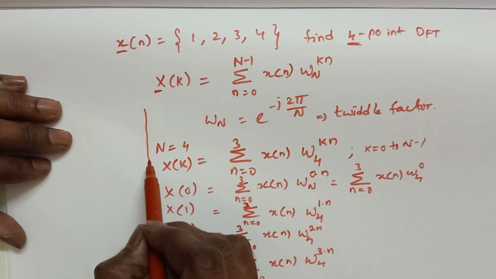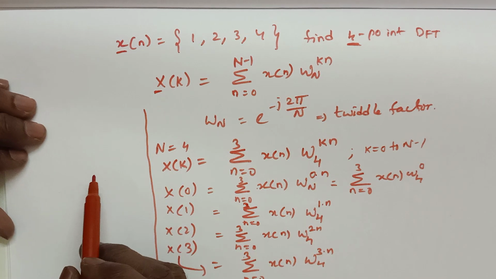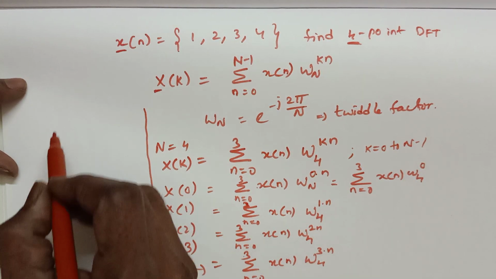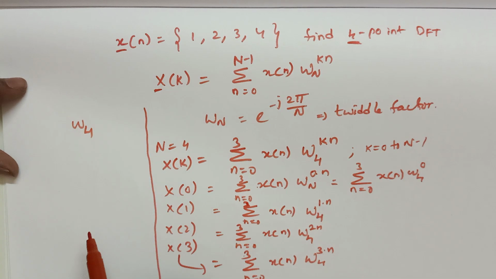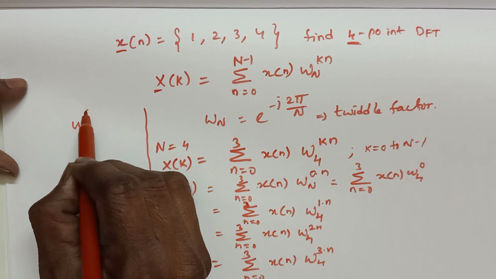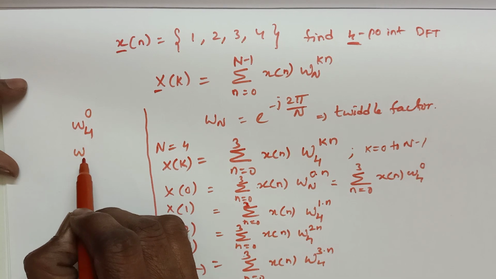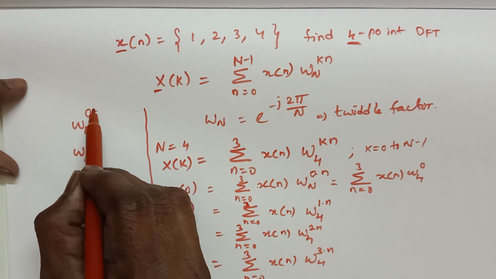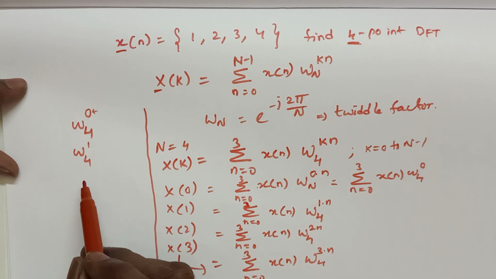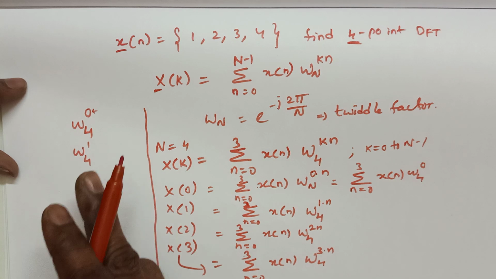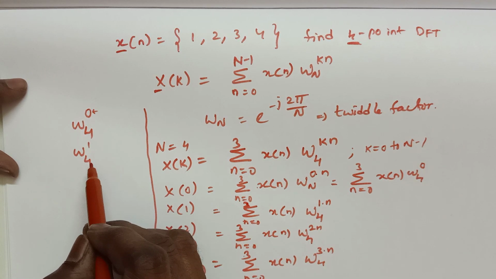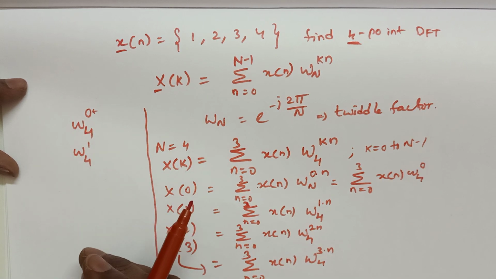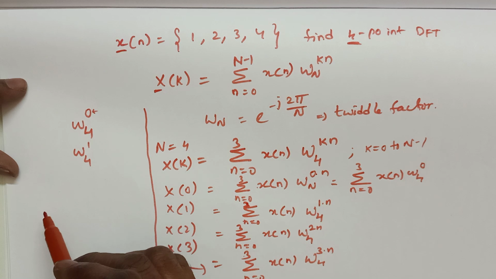What is the twiddle factor W? It has periodicity and symmetry properties, so we can easily calculate it. For W_4, where N is equal to 4, we need to calculate only two values, N by 2; the power value will vary from 0 to 1. When N is equal to 8, we'll calculate only 4 values, that is, powers 0 to 3.